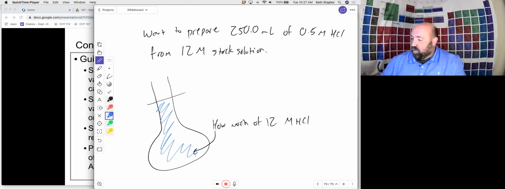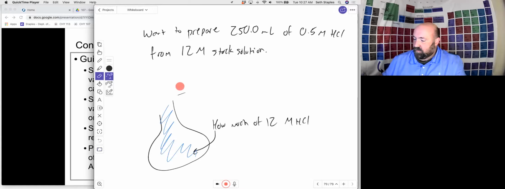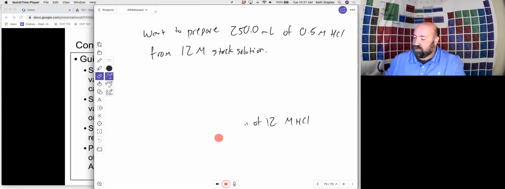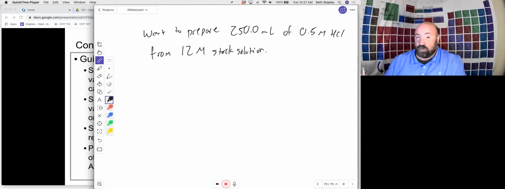And so we're going to use our C1V1 equals C2V2. I sometimes just use M1V1 because that's its molarity, but same thing either way.